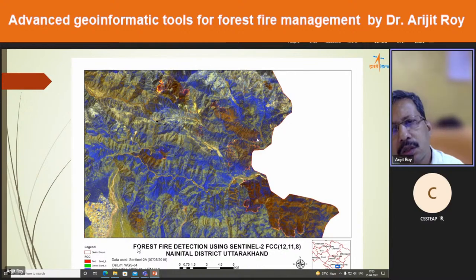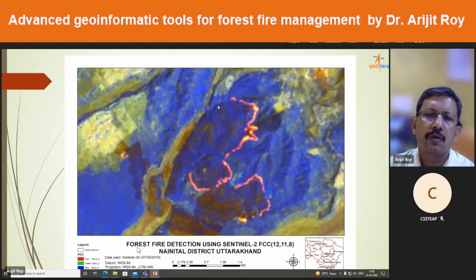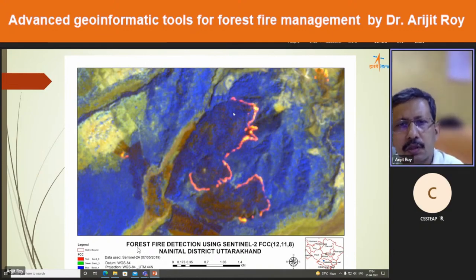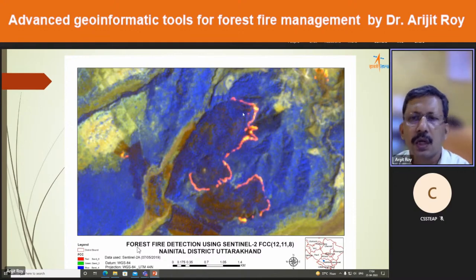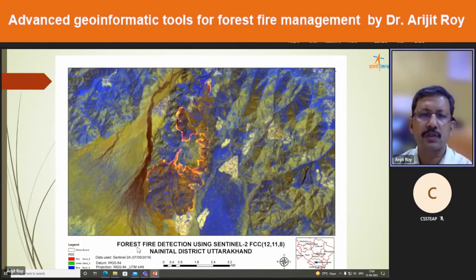So you can see all these are the burnt areas. Now, if we zoom into any one of these regions, you can identify the area which has burnt. So all these dark blue regions are the areas which are burnt, and this is the active fire which is there along the fringes. Another region which has been zoomed.